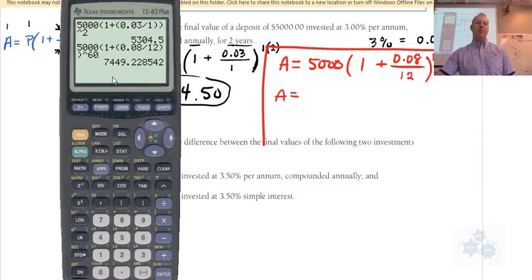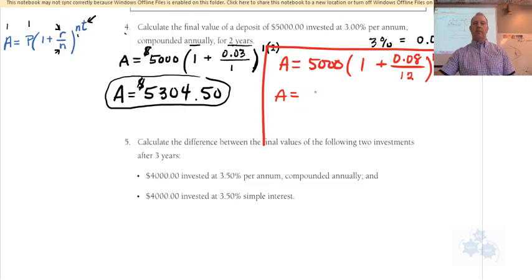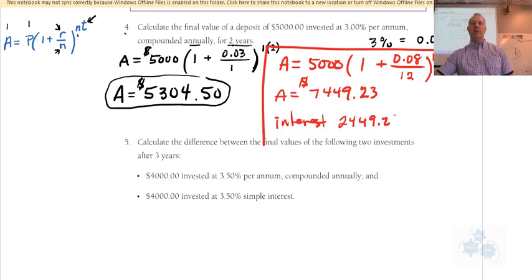Almost $7,500. So 7,449.23. So if you borrowed $5,000 now at 8% interest, compounded monthly, in 5 years, this is how much you'd have to pay back. And your interest, right? The interest here then for your car would be $2,449.23.